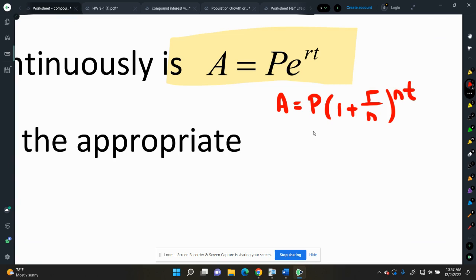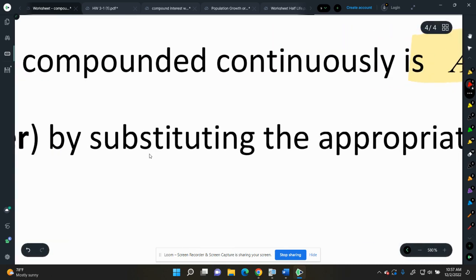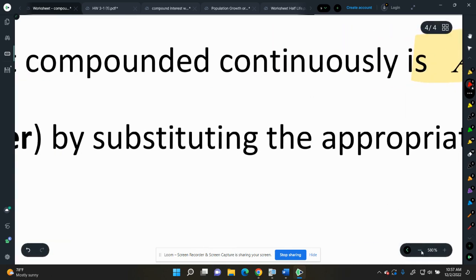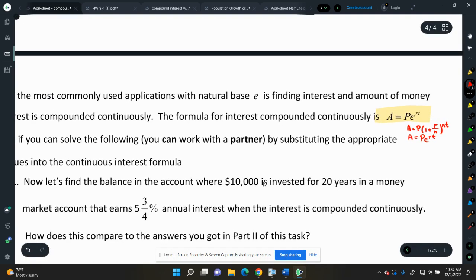And then we have the PERT formula. Looks like that. So the rest of this worksheet is using the PERT formula.